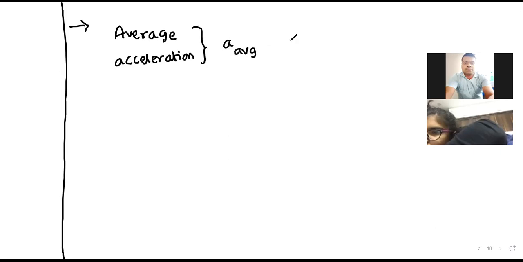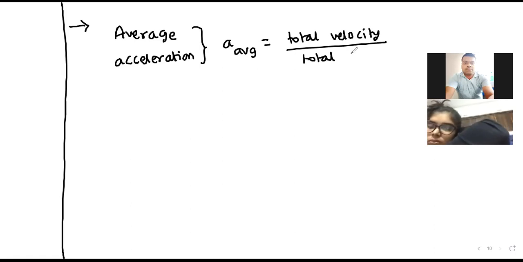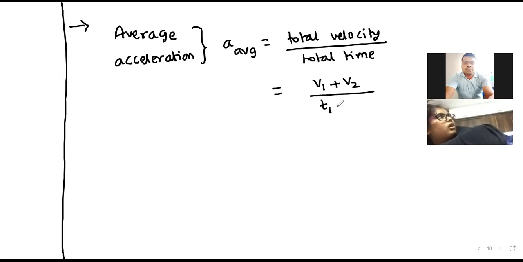Average acceleration is total velocity by total time taken. That is nothing but v1 plus v2 by t1 plus t2.